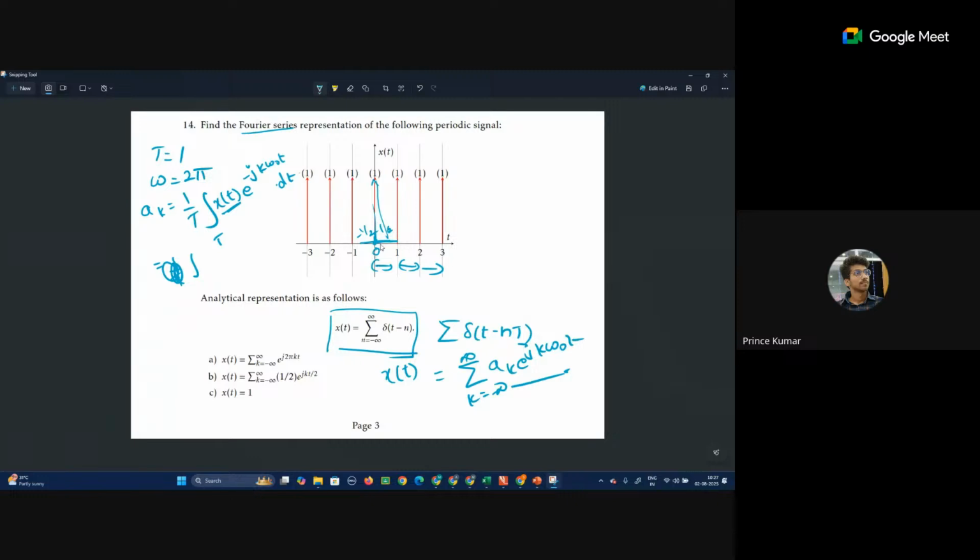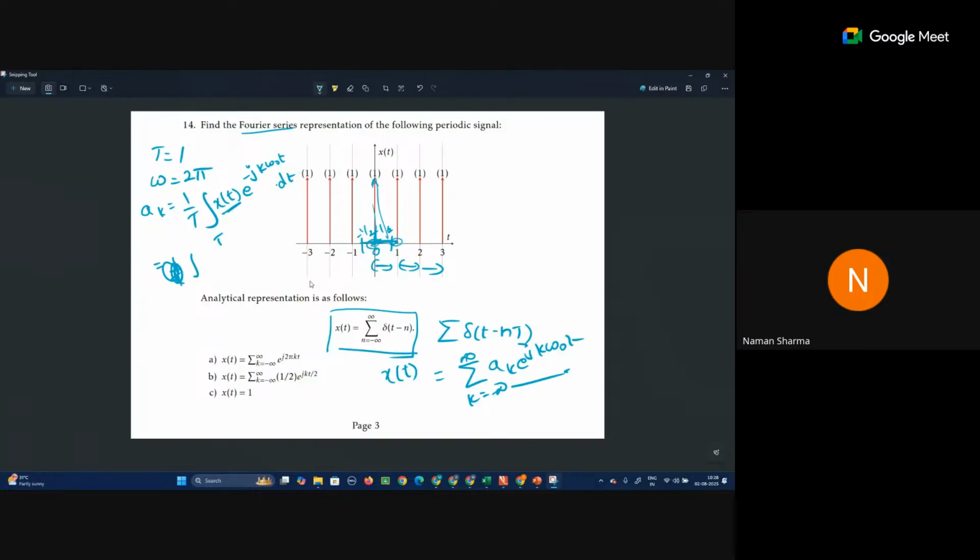From 0 to 1, it is 0. One of your friends has told, like according to the Gibbs phenomenon, there will be some discontinuity over here. At 0 there is discontinuity, at 1 also there will be discontinuity. So we'll be splitting the signal equally so that it will be in between. Did you get this?